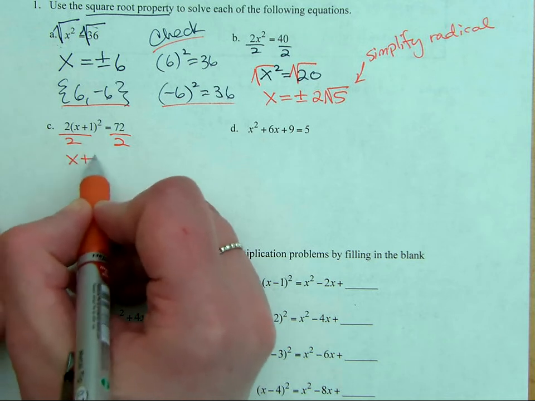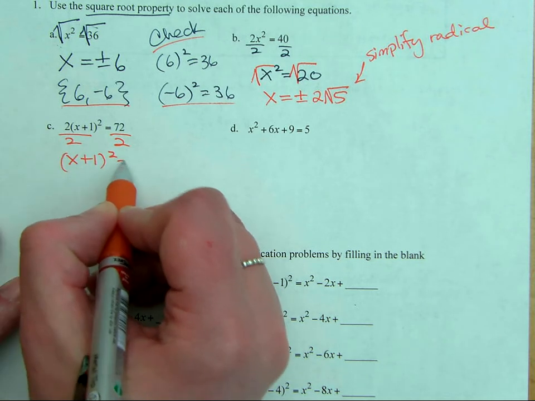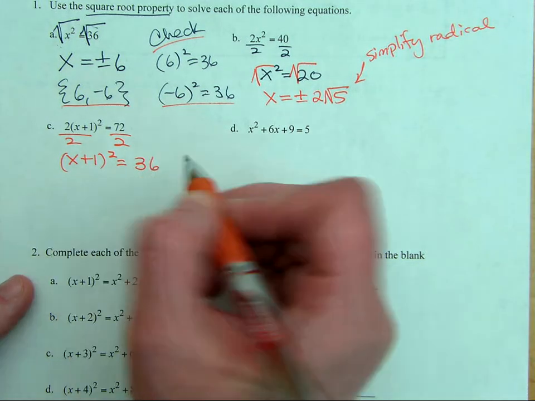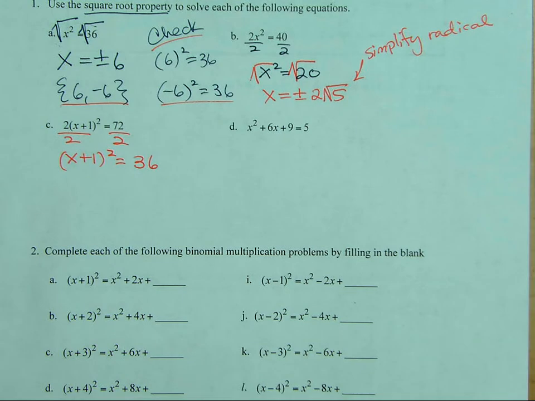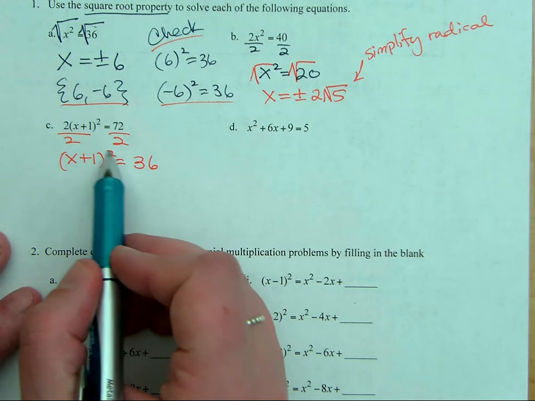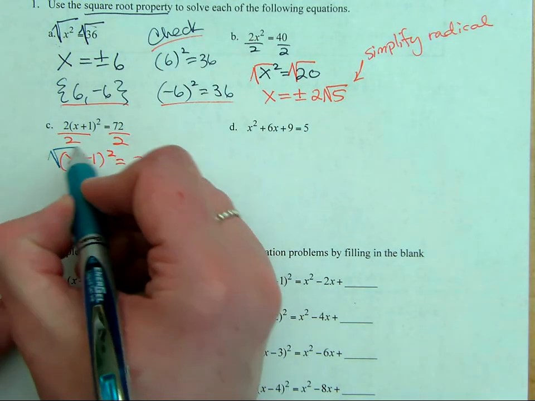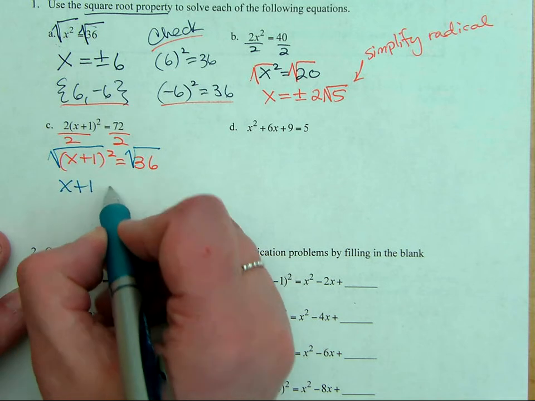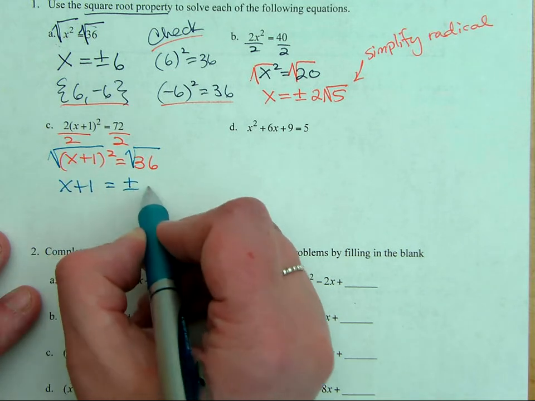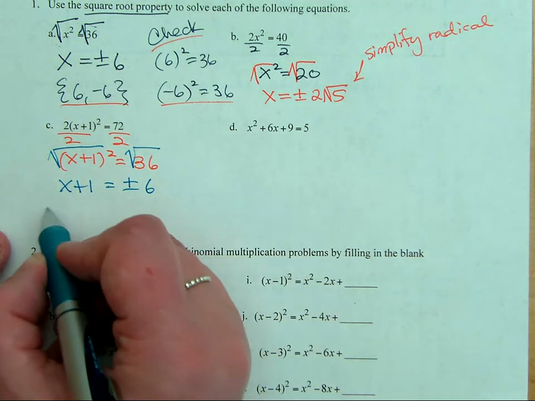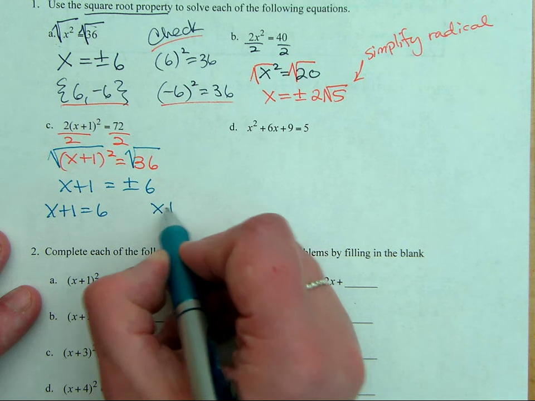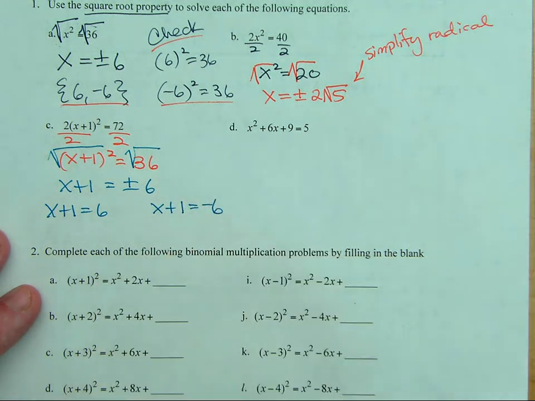I get x plus 1 squared equals what? 36. Okay, and then how do we undo this square? We can use the square root. So we have x plus 1 equals plus or minus 6, which means that you have x plus 1 is equal to 6 and x plus 1 is equal to negative 6.